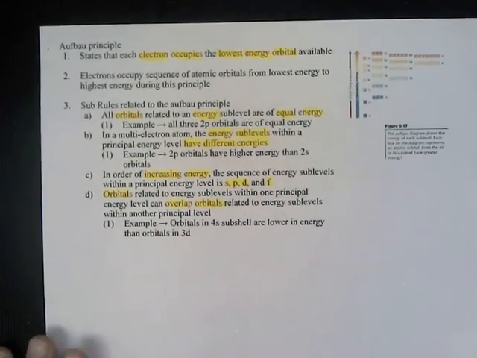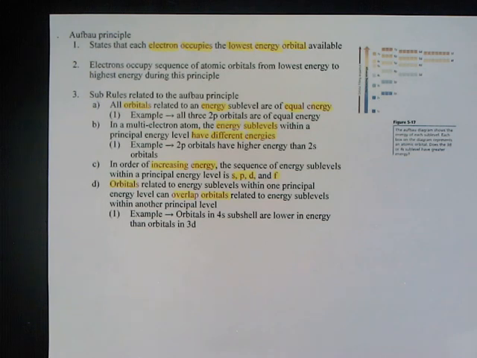The Aufbau principle says electrons occupy the lowest energy orbital. Makes sense. You go from low number to high number. So remember, electrons will always occupy the lowest possible level, and that just means we're going to go in increasing numerical order.